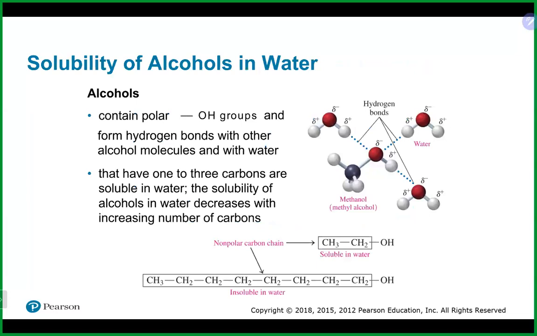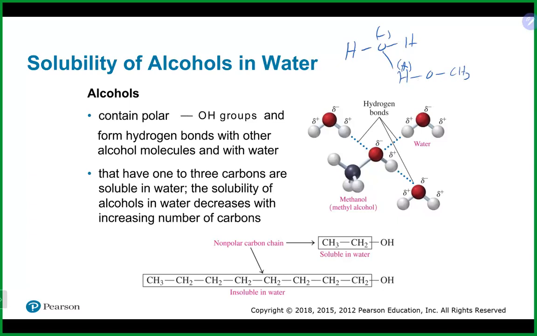All right, so we talked about the solubility of alcohols, and again, it has to do with their hydrogen bonding ability. So when water comes in, it has no problem. The negative side and positive side of the alcohol and the water are able to interact through hydrogen bonding, and that makes it quite soluble.